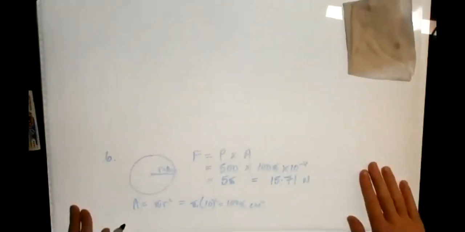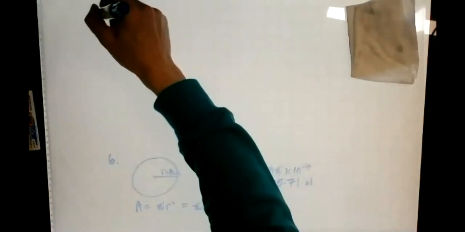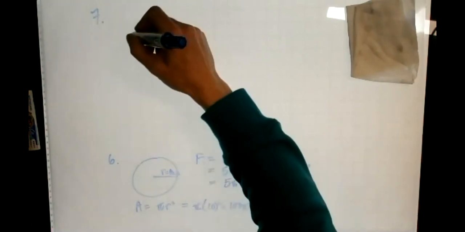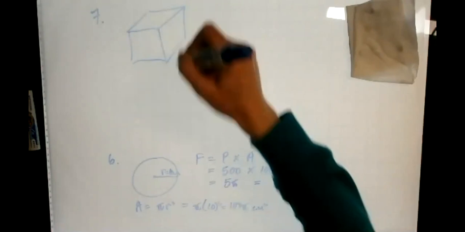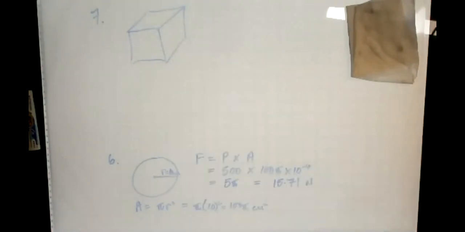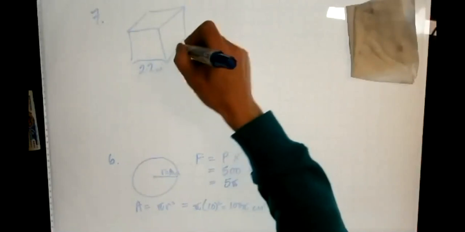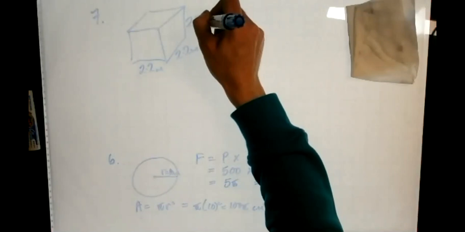Right, so next question. A tank of oil in the shape of a cube of side 2.2 meters. So it is a cube of side 2.2 meters, which means every side is 2.2 meters.